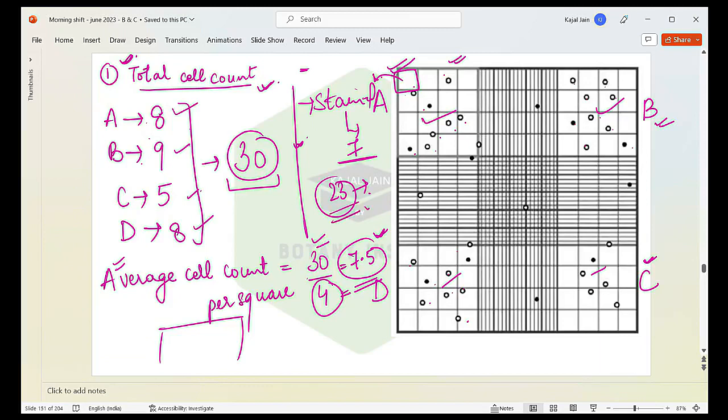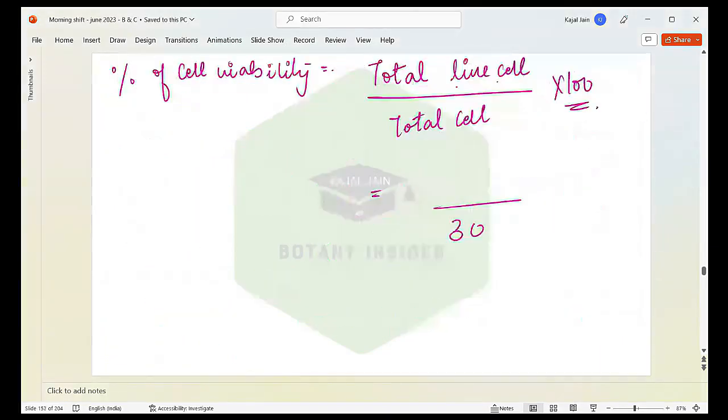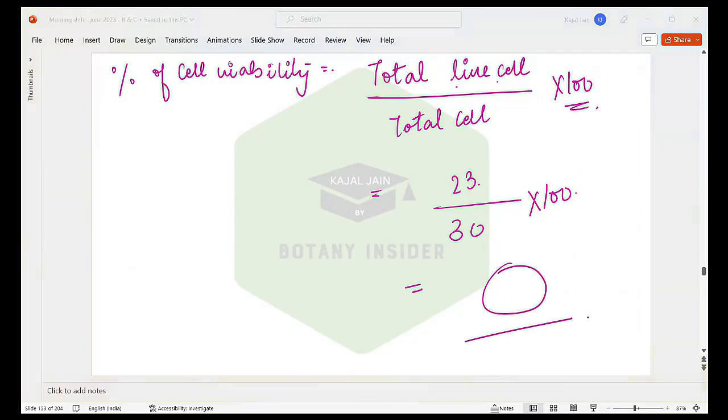So the unstained cells are the ones that are still alive, right? The unstained cells are still alive. So I have 23 divided by 30 multiplied by 100. That's it. You get the final answer. Calculate, everyone, what will be the final percentage over here.